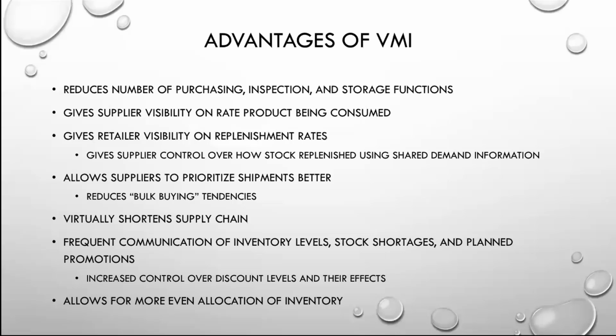In my classes, I always get these arguments about whether or not VMI is a good system for everyone involved. In the case of Walmart, it especially comes up. Some students say that, yeah, Walmart has a right to beat suppliers into providing certain levels of inventory.